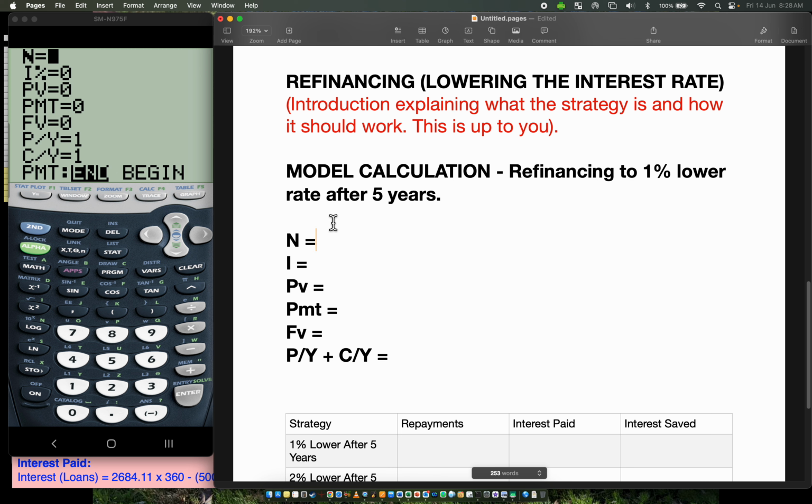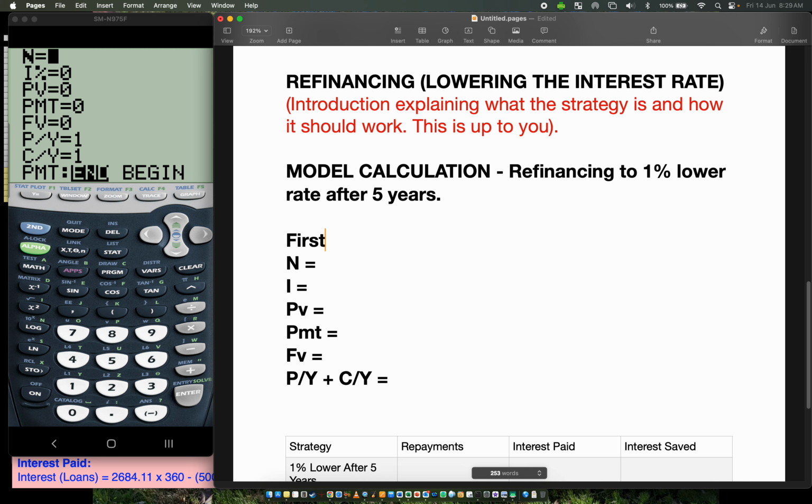So we need to work out the first 5 years because the refinancing happens after 5 years. So the default loan was N 360, I% 5, PV 500,000, PY and CY 12, solve for PMT. So we've got negative 2684.11. I'm re-entering that because I'm rounding to 2 decimal points now.